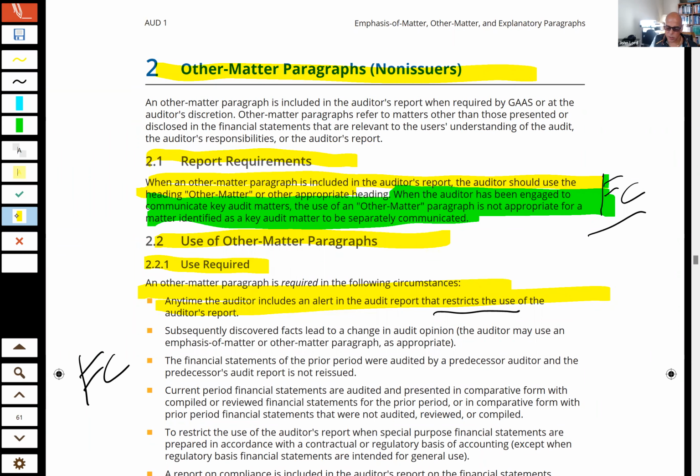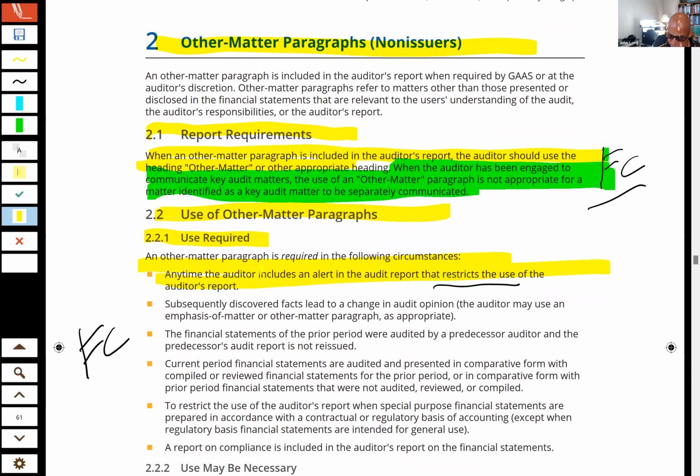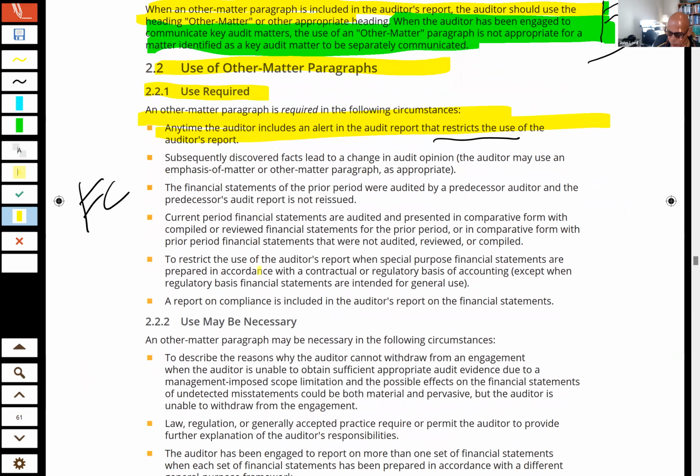Typically, the use of our report is restricted when individuals may be using financial statements and may not be aware of specialized reporting issues associated with this. Then we are often required to restrict the report. We'll take a look at those towards the back end, about page 90 something.